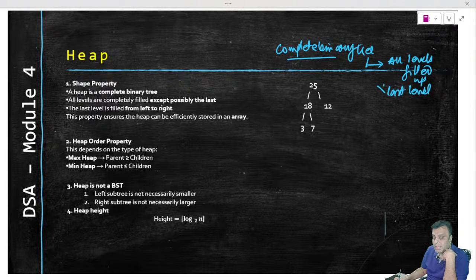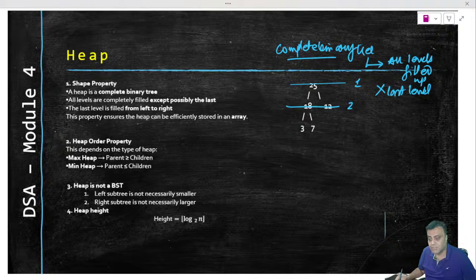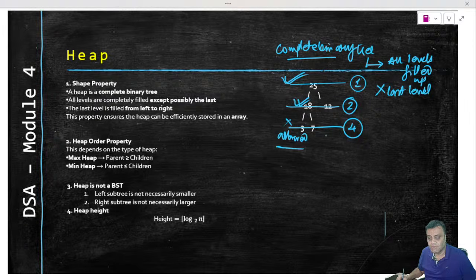Last level there is an exception. In this level, how many nodes are possible? 1. In this level? 2. In this level? 4. So is 1 filled up in this level? Yes. 2 filled up? Yes. 4 filled up? No. Allowed, because this is the leaf level or the last level.